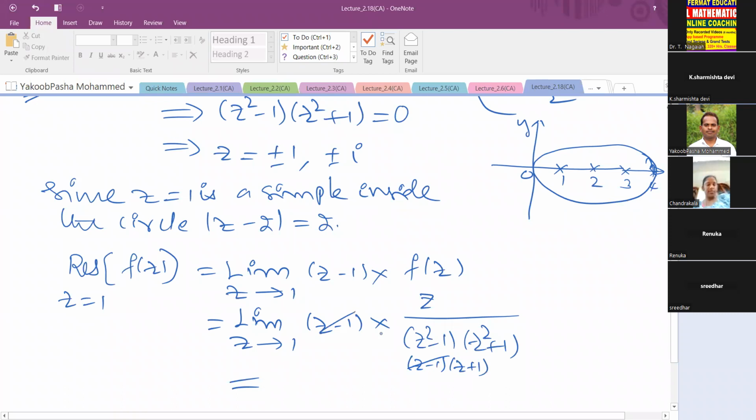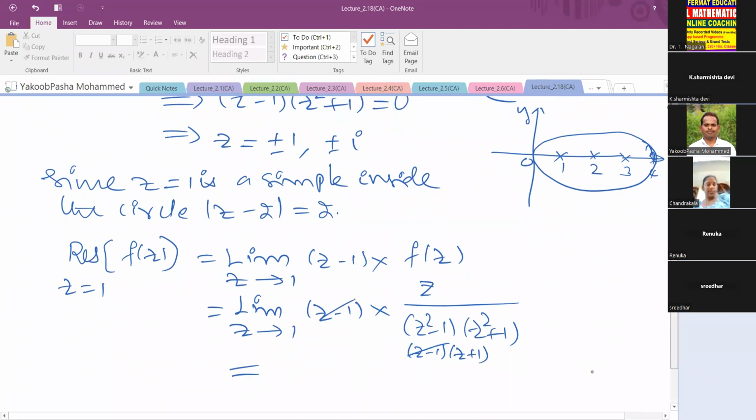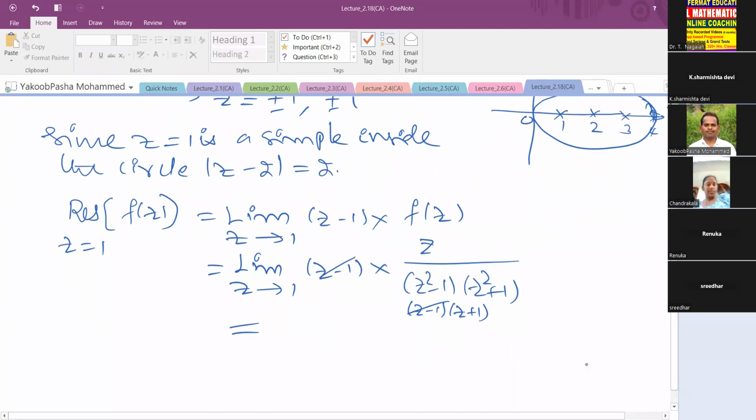This z minus 1 will be cancelled, and apply z is equal to 1 here. So we get 1 by (1 plus 1) times 2. This is 2. This is equal to 1 by 4. This is the residue of the function f of z.